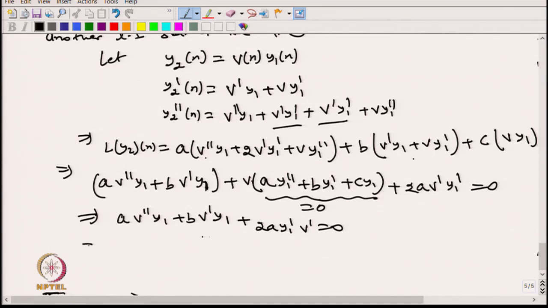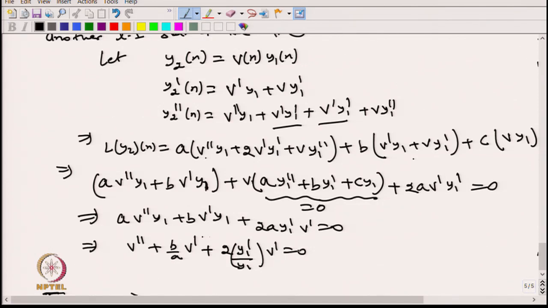And from here I can write this equation as v double dash plus, because I can divide the whole equation by a y1, b by a v dash plus 2 y1 dash over y1, and a will cancel out, v dash equal to 0.